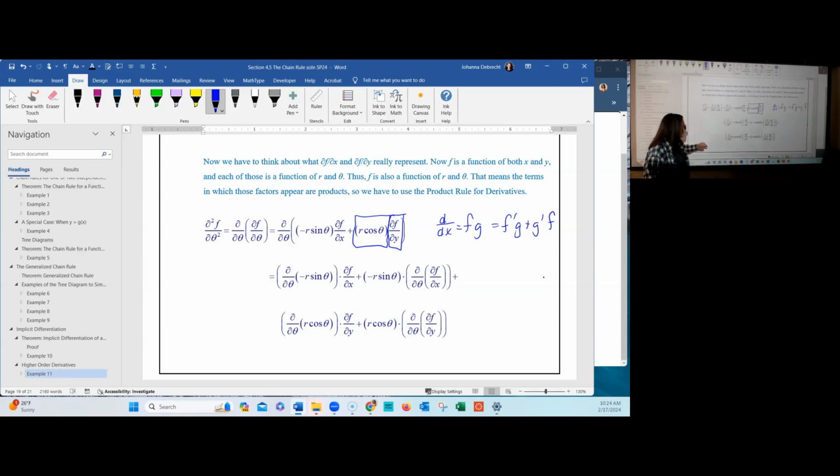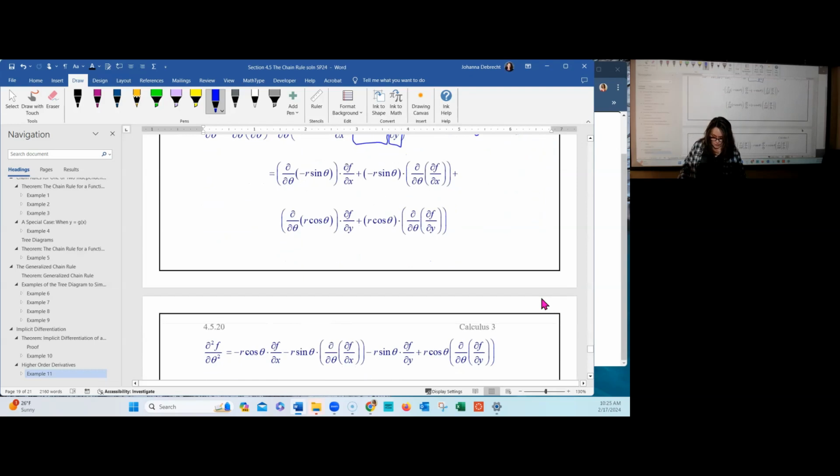When we take the derivative of the second term, we're going to take the partial derivative with respect to theta of r cosine theta, multiply it by the partial of f with respect to y, then add to that, leaving the first factor, r cosine of theta, alone, and then multiplying by the second derivative of the function, first with respect to y, and then with respect to theta.